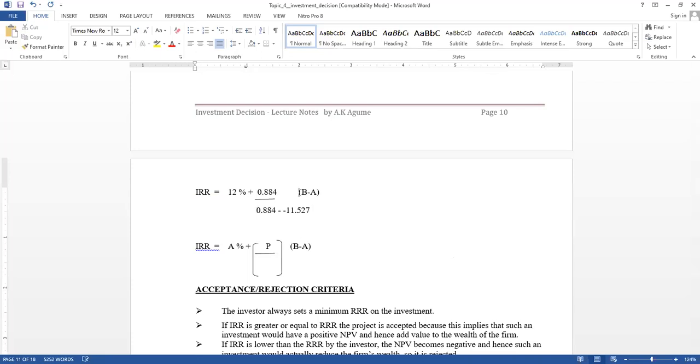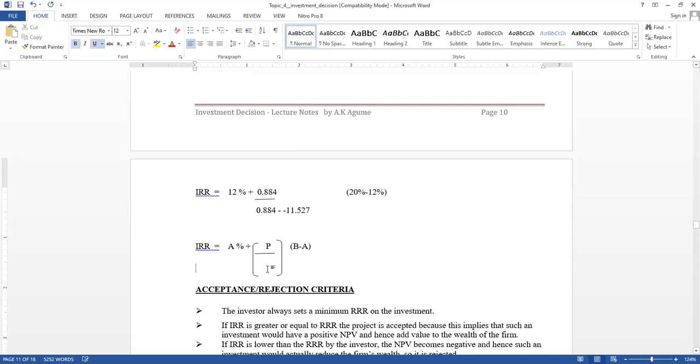Then into B minus A, and B is that discount rate associated with a negative NPV, which is 20%, then minus 12%.